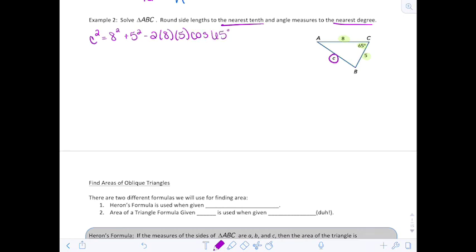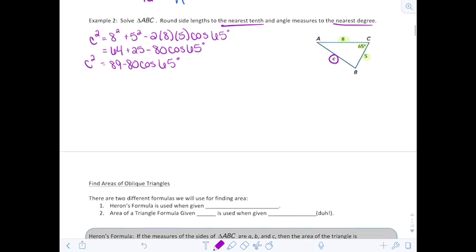Making sure your calculator is in degree mode, you're going to enter that calculation in, and just to avoid any errors, you may want to simplify this down a little bit. 64 and 25 is 89, minus 80 times the cosine of 65. A little less likely to make a careless mistake when you're only plugging that much in.